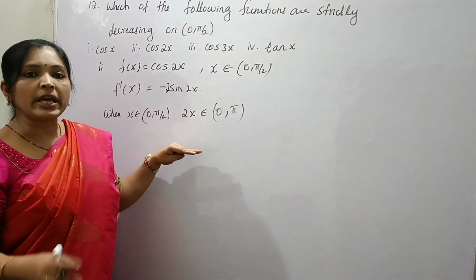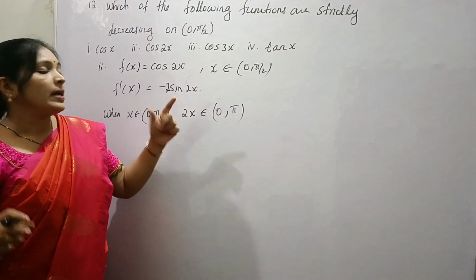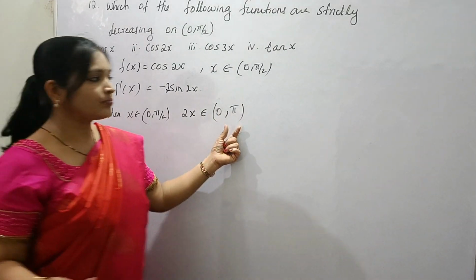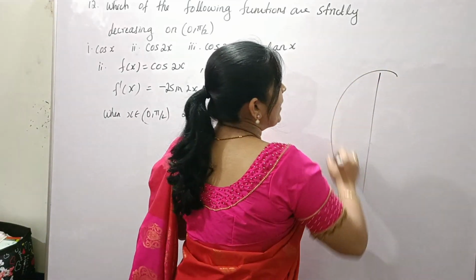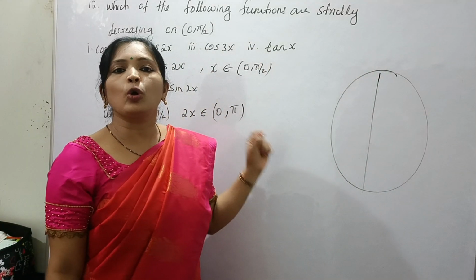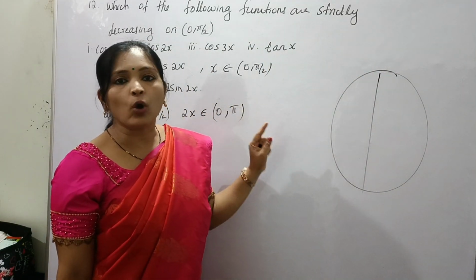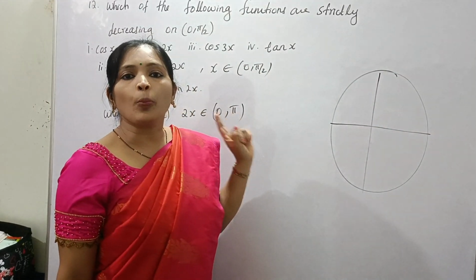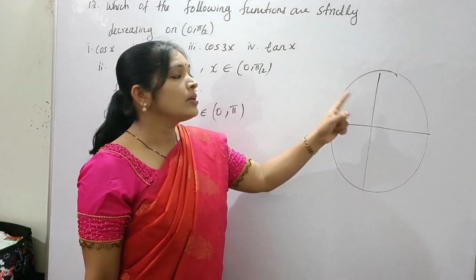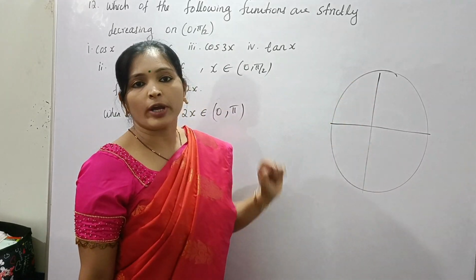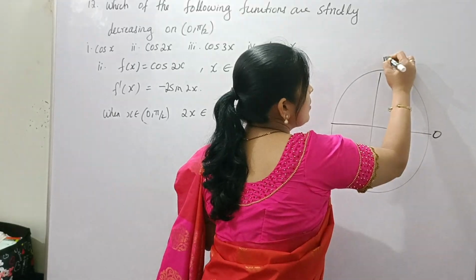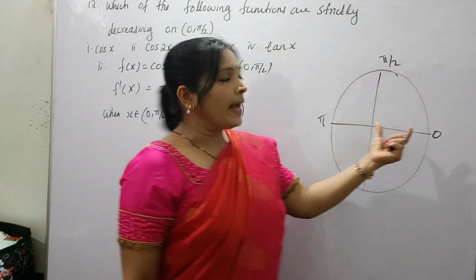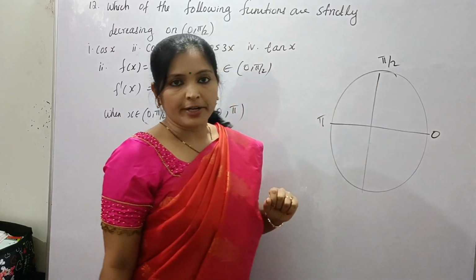So here we have to check whether sin x is positive or negative in the interval 0 to pi. We know that all the values in the interval 0 to pi lie in the first and second quadrants, because 0 to pi by 2 is the first quadrant and pi by 2 to pi is the second.